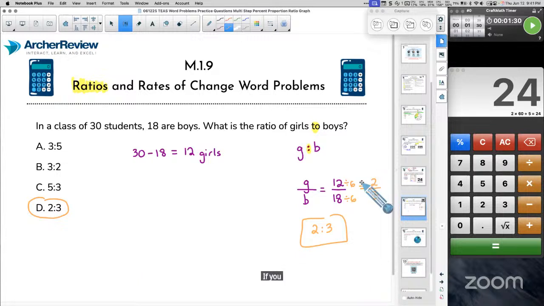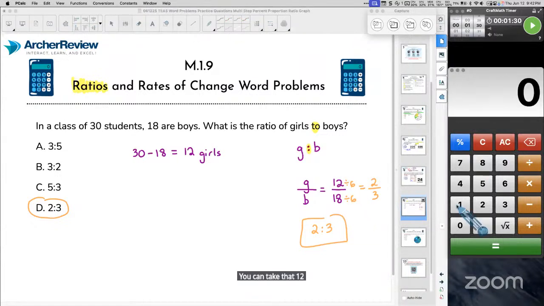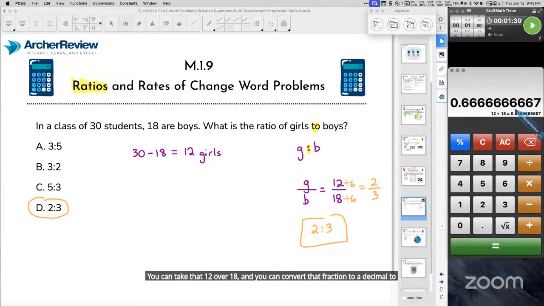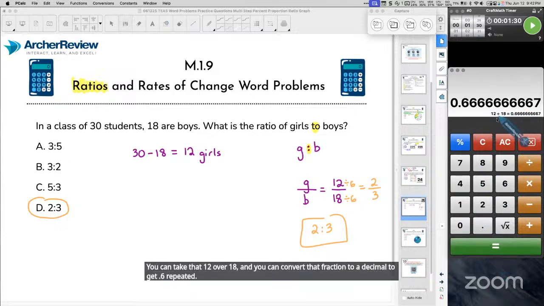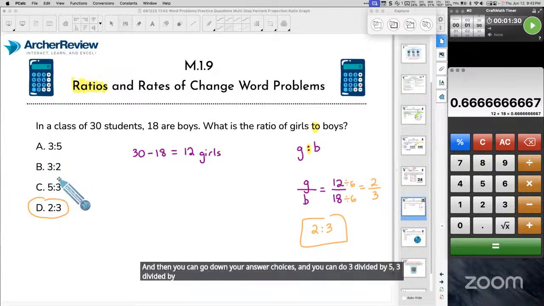Now, a couple of fun facts here. If you don't feel like simplifying fractions, technically you don't have to. Watch this. You can take that 12 over 18 and convert that fraction to a decimal to get 0.6 repeated. I just divided 12 by 18. Then you can go down your answer choices and do 3 divided by 5, 3 divided by 2, 5 divided by 3.